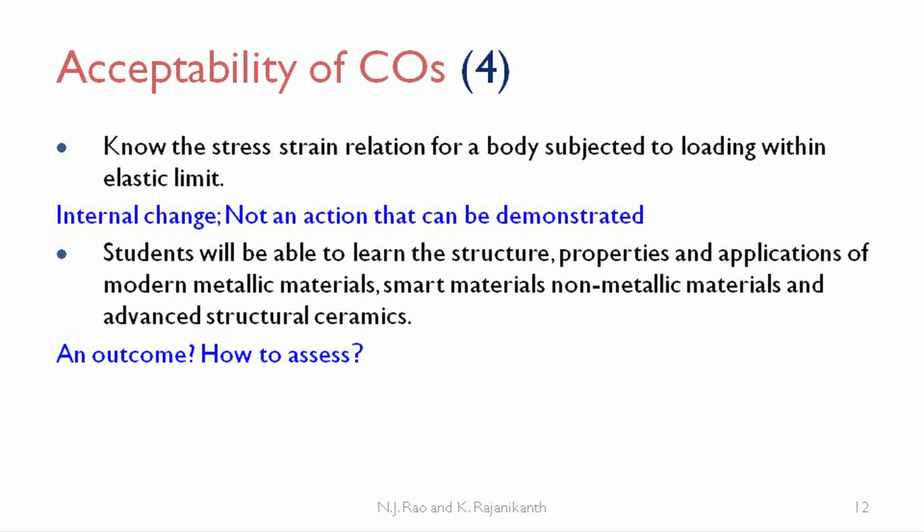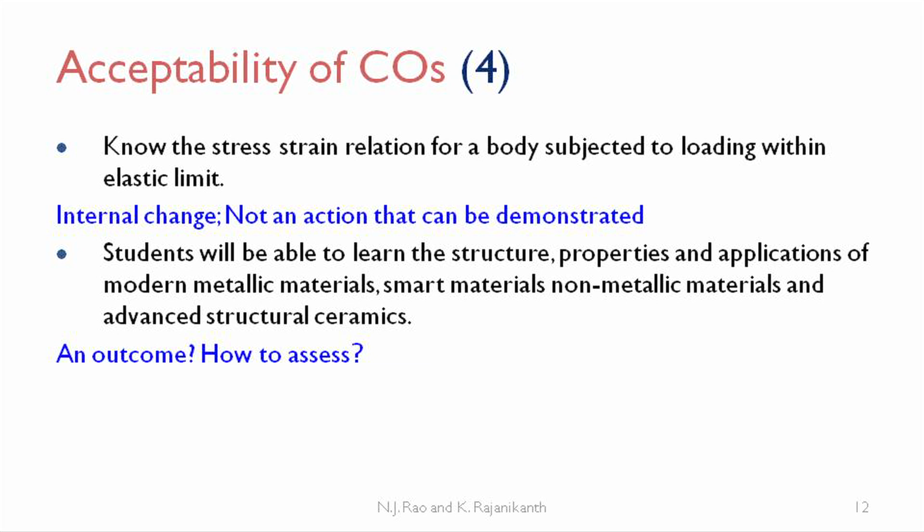Let us look at one more statement. Students will be able to learn the structure, properties, and applications of modern metallic materials, smart materials, non-metallic materials, and advanced structural ceramics. Is it an outcome statement? How to assess whether the outcome has been attained or not?